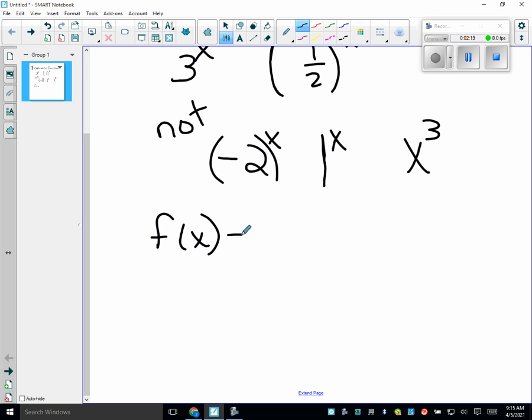So if f of x is 5 to the x, can you find f of 1.6? Three decimal places.